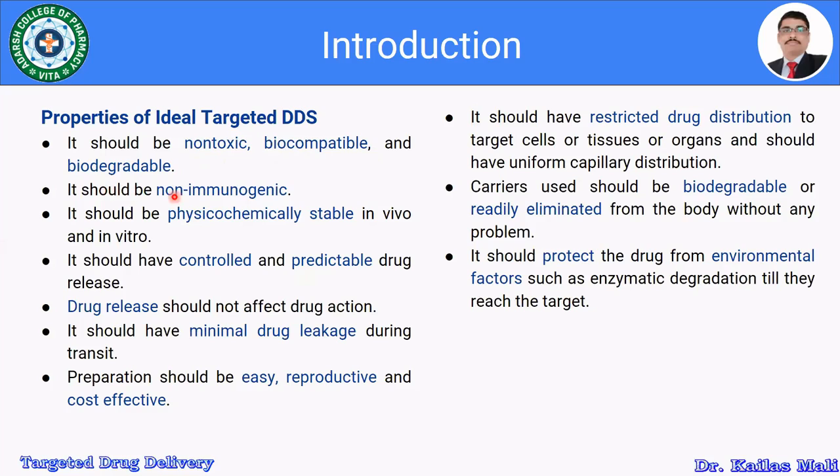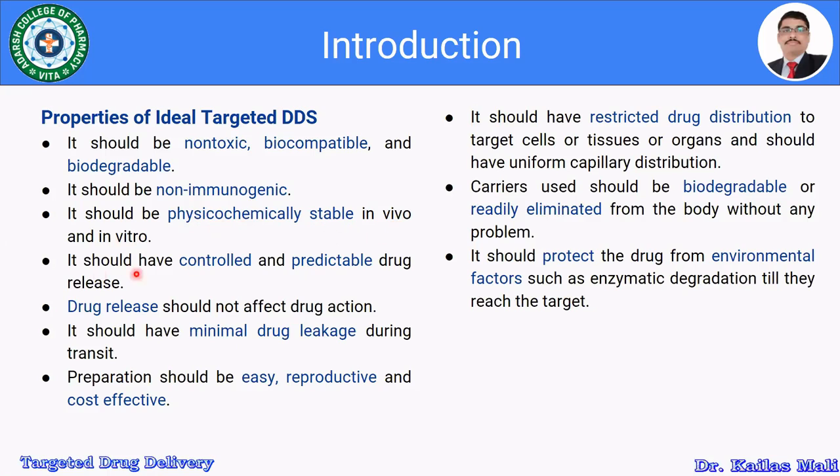Then it should be non-immunogenic, it should not produce any immunogenic response in the body. It should be physicochemically stable in vivo as well as in vitro. So whatever the formulation is, it should be stable in the in vitro situation as well as in the in vivo situation.